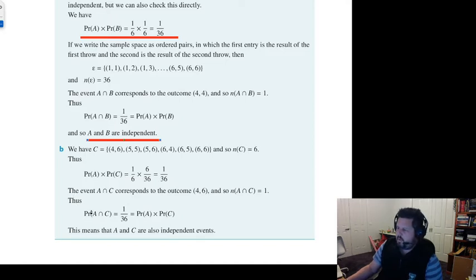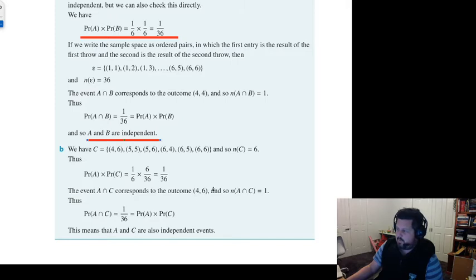If we then work out the probability of A intersection C, A intersection C is where it corresponds to the outcome of 4 first. So A was rolling a 4, and the only other combination that's going to work where it's 10 or above is a 4 and a 6.